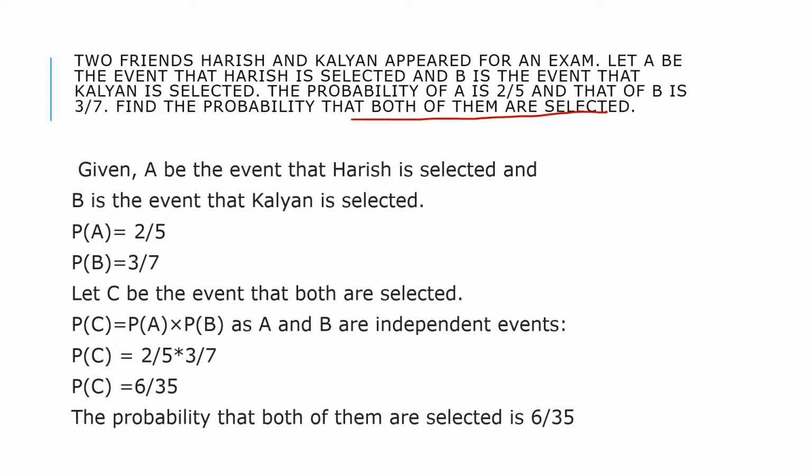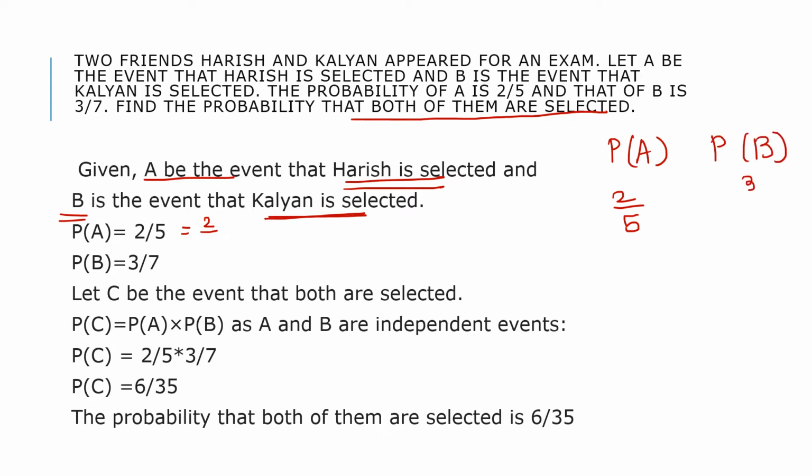Now here we have two events. The first says that A is the event that Harish is selected, and B is the event that Kalyan is selected, as they appear for an exam. Both probabilities are already given to us. The probability of Harish getting selected is 2 by 5, whereas the probability of Kalyan getting selected is 3 by 7.